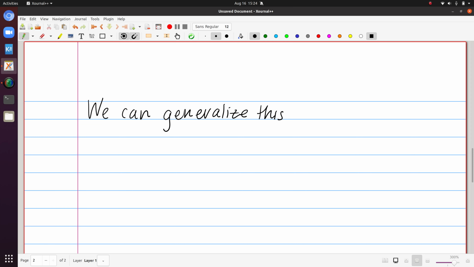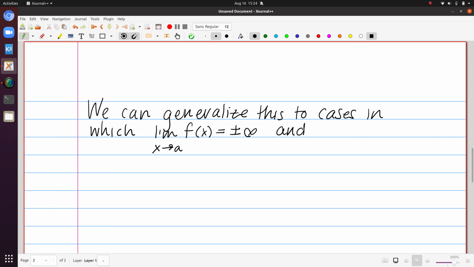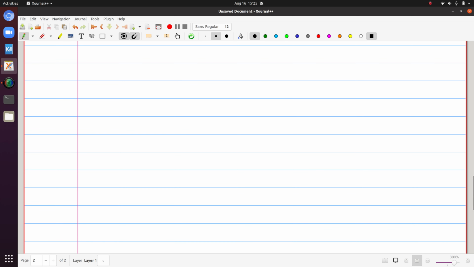this to cases in which the limit as x approaches a of f of x is equal to plus or minus infinity, and likewise the limit as x approaches a of g of x is equal to plus or minus infinity.